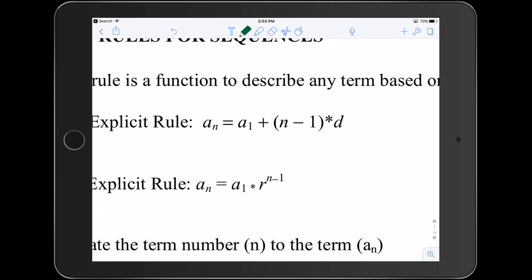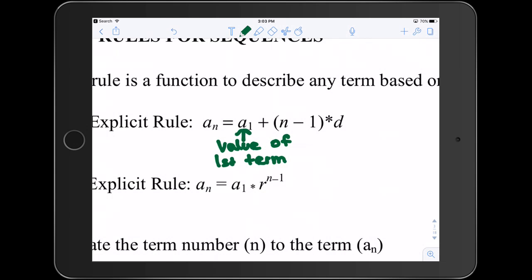This is a general form of the rule that I will give you in advanced algebra. We give these to the students, but in pre-calculus we expect them to be memorized. Let me describe each of these variables so you know what each one means. a sub 1 stands for the value of the first term.